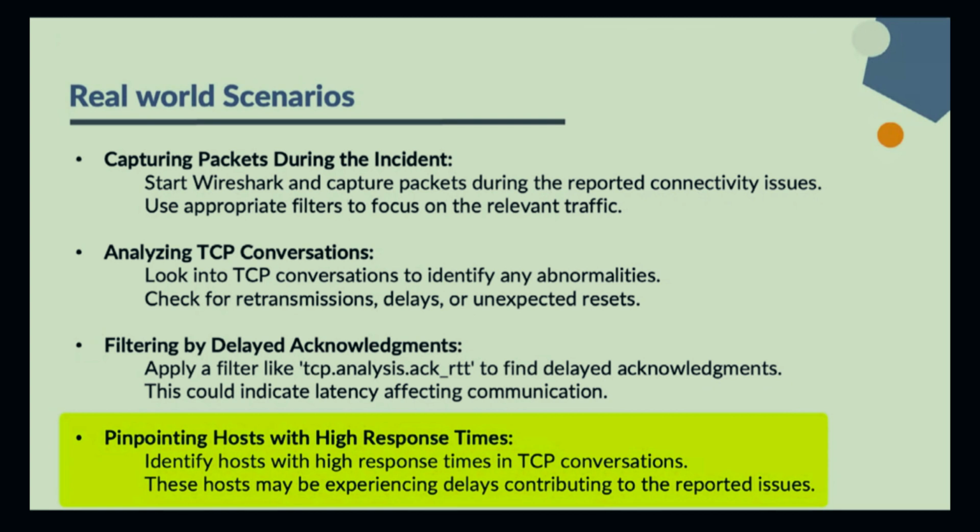These hosts may be experiencing delays due to multiple reasons, which can be one of the reasons why the issues are getting reported for the delays. Now these are a few of the scenarios, mostly around TCP. There could be many other things for which we can utilize Wireshark. So I'm trying to make it a bit concise here.